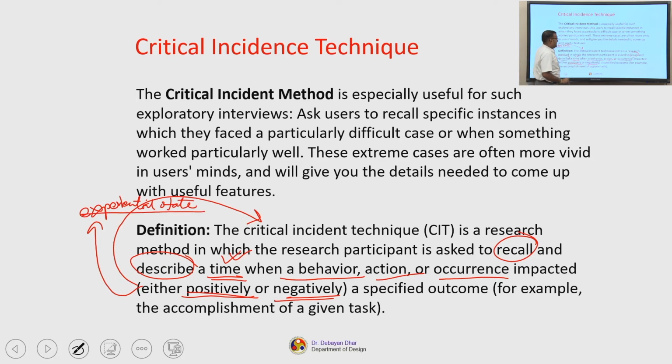right, a specified outcome, right. So, for example, accomplishment of a given task. So, what essentially we are trying to say is that your memory, if you relate to the theory of self, Professor Daniel Kahneman's work that we have referred to in our earlier lectures, you would realize that the objective of your remembering self is to record critical incidences, whether it is an extremely negative experience or an extremely good experience.